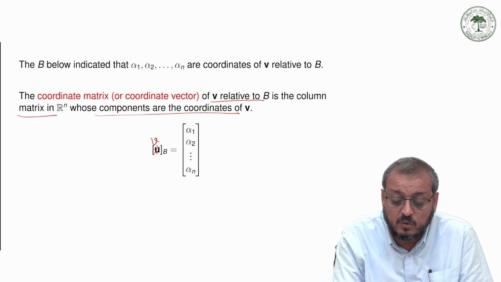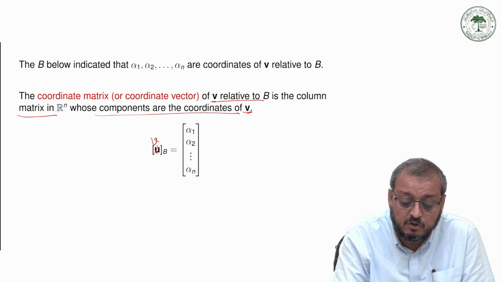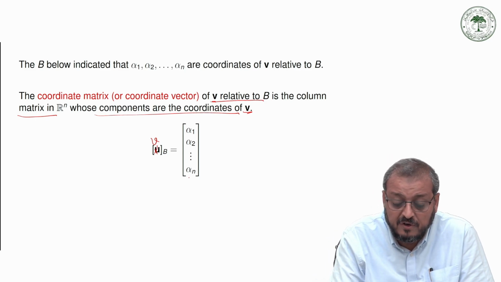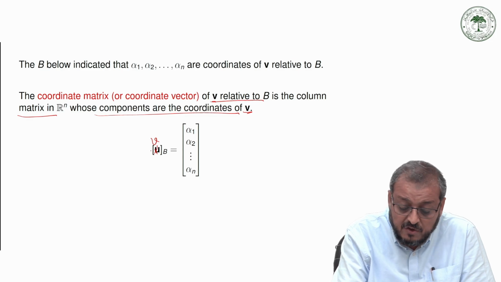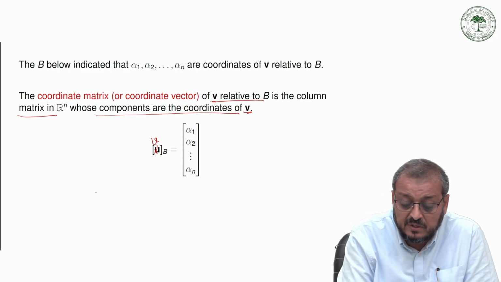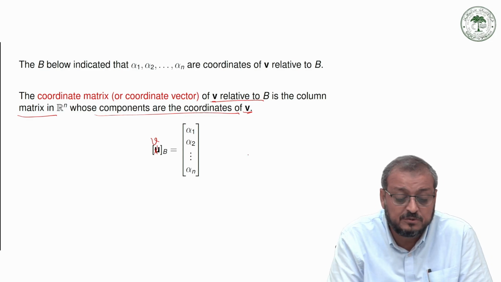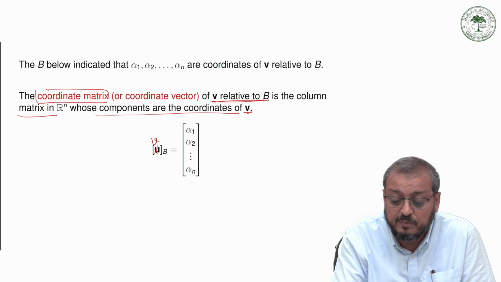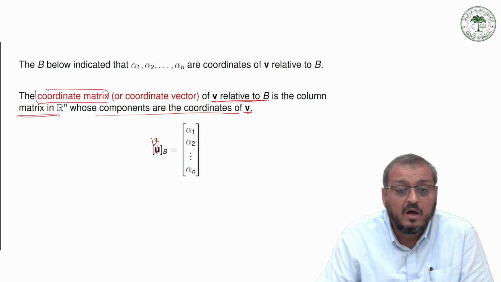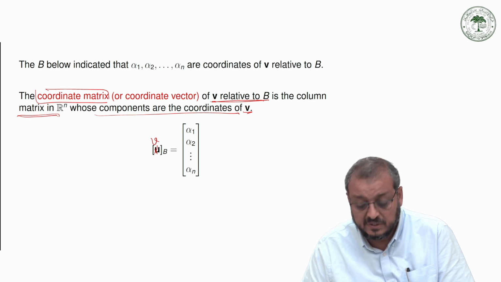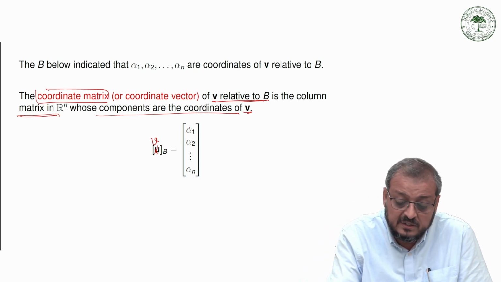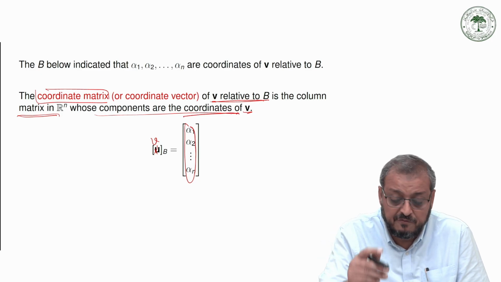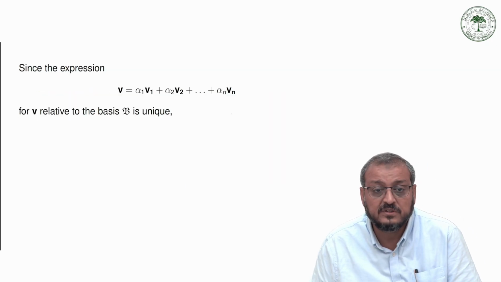So v relative to B is alpha 1, alpha 2, up to alpha n, and if we have another vector, we calculate another column and so on. So the coordinate matrix of v relative to the basis is a column matrix in Rn whose components are the coordinates of v. This vector space is the.